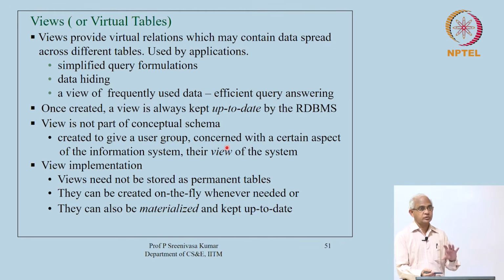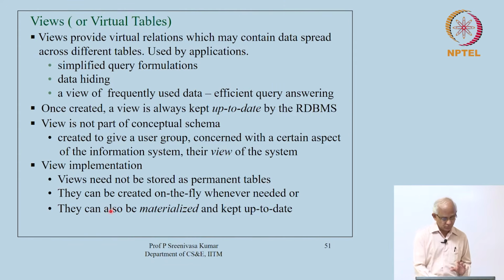The definition of the view will always be stored in the database management system, and we then have the option of whether to keep the view already created. In such a case it is called materialized. We materialize the view and keep it as an additional relation apart from the base tables, and of course, incrementally keep updating it.